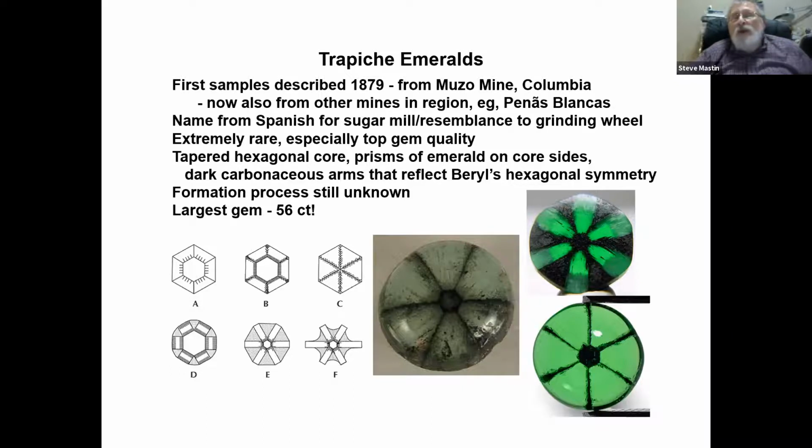And the wagon wheel pattern reflects the hexagonal symmetry of the beryl itself. So as those prisms grow, they clean out all of the impurities and concentrate them along one of the faces. And that's what ends up producing the wagon wheel shape.